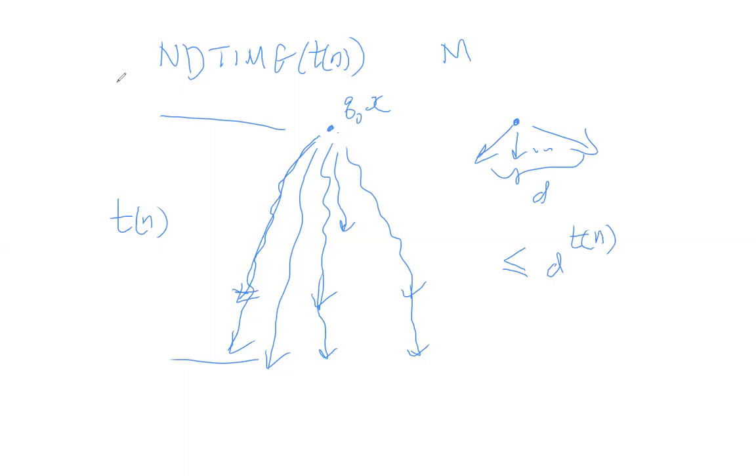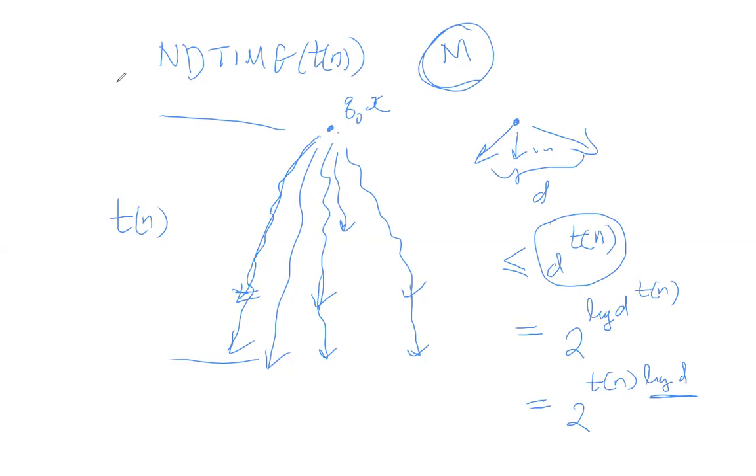But d to the T of n, remember, d is a single constant, is equal to 2 to the log d times T of n, that means 2 to the T of n times log d. Log d is a constant because when N is given, it is a constant. So we can simply write it as 2 to the big O of T of n.